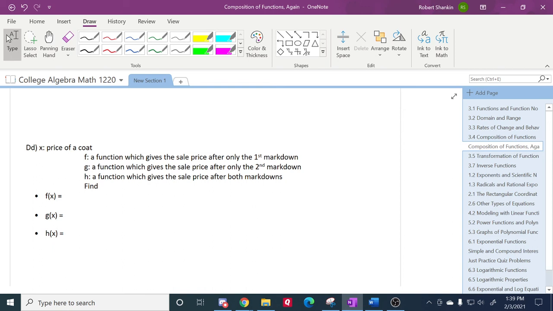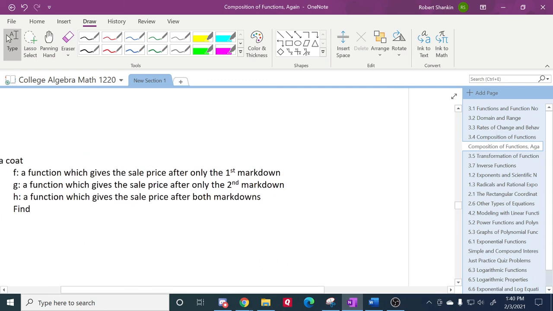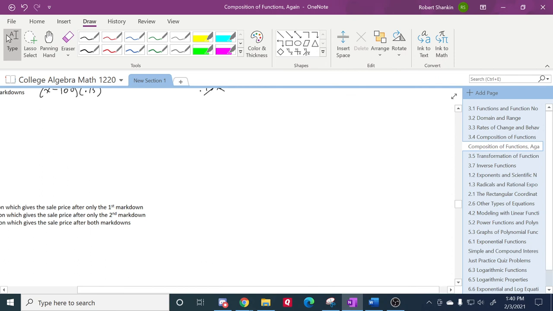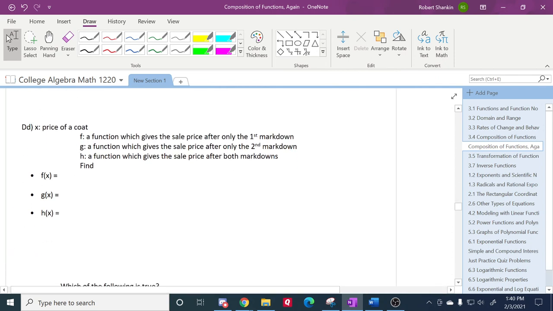And put your answer into your group chat, but don't hit enter yet. Go ahead and hit enter, chat about it in your groups.